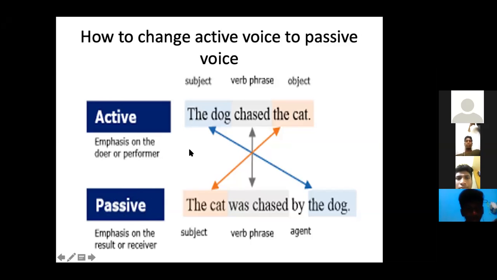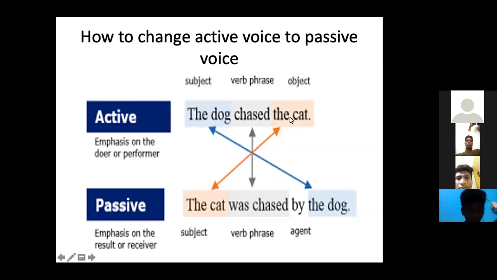So you can see the example sentence: the dog chased the cat. So here you can see the subject and the object, and this is the action. Okay, verb phrase. This is the action. So when you change it into the passive voice, what will happen?